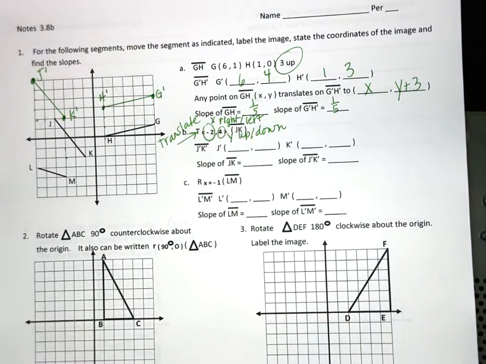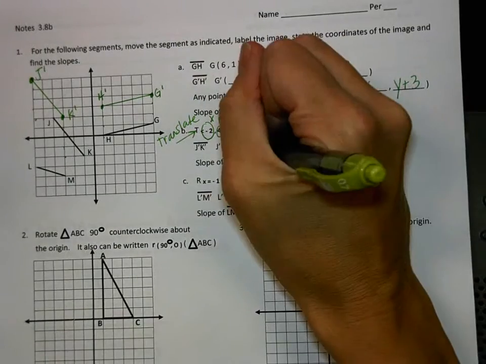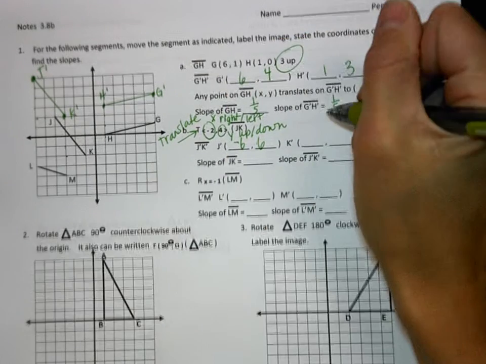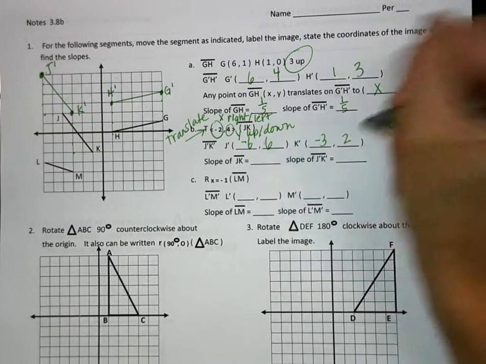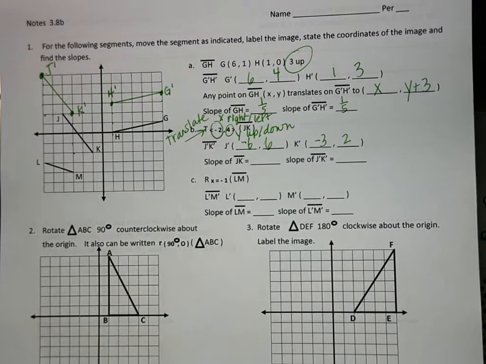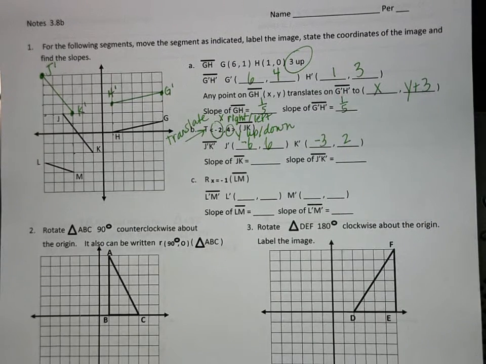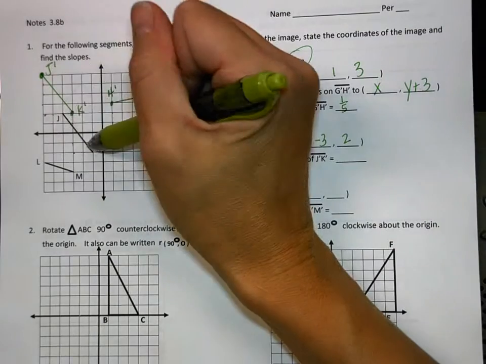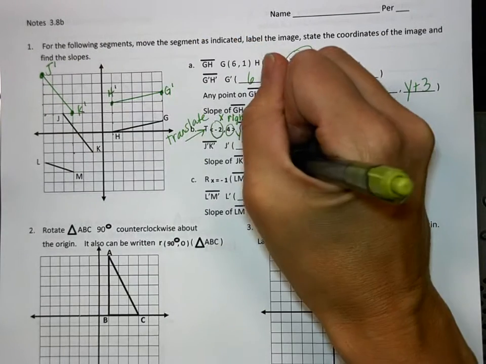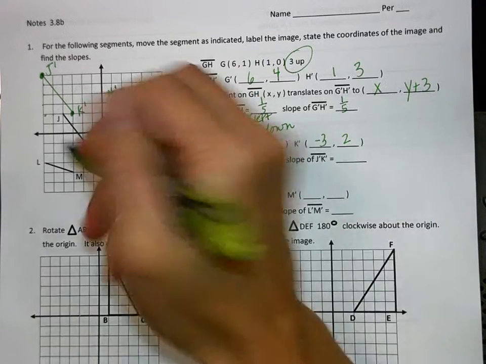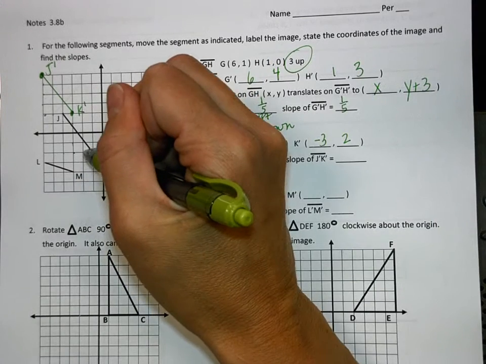Okay, so the ordered pair for J prime is -6, 6, and K prime, it is at -3, up 2. If we look at the slope for JK, it is going 1, 2, 3, 4 down, so that's -4 down, and then right 1, 2, 3.